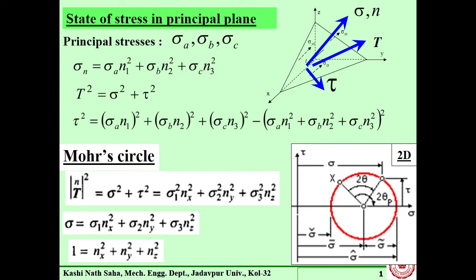We are basically using either this shear stress equation in direct form, or we can use an equation for t square, whatever. This is one of the equations. Then tau, sigma, these two are the independent quantities, right? The third one, you can take anything from here as our independent quantity.